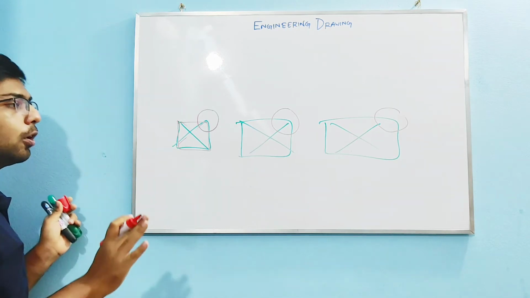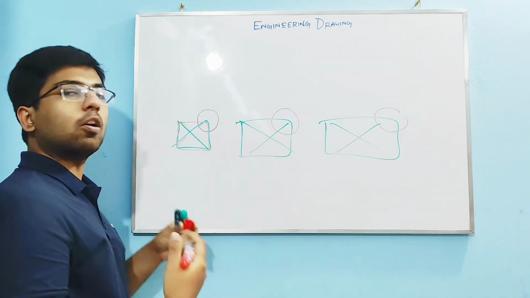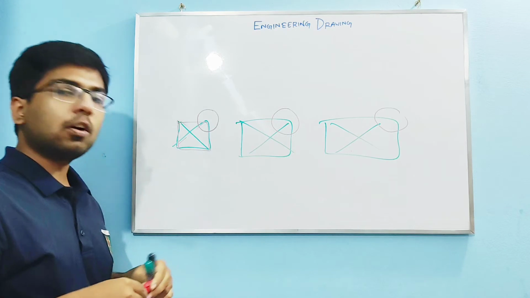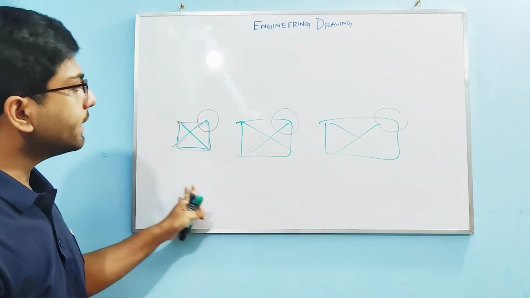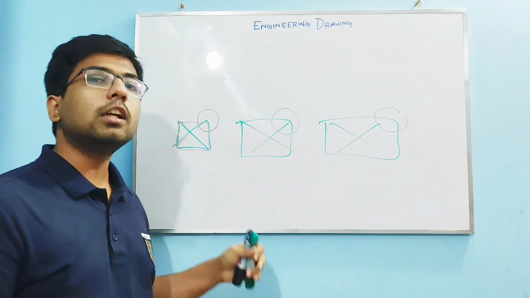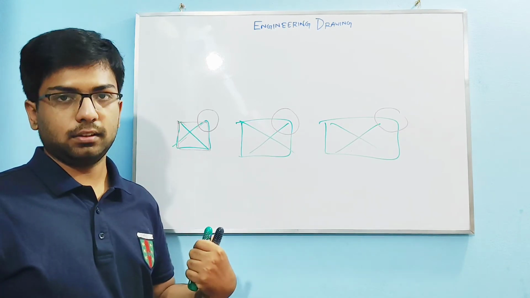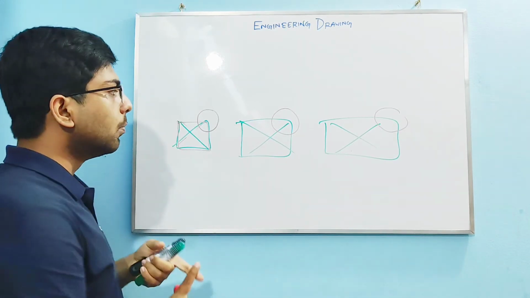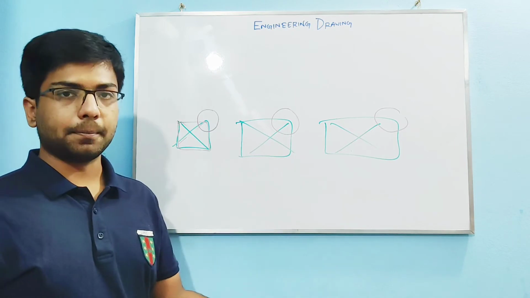No matter how many instances we have created from my original block, if I change my original block, then all the instances will automatically be changed. So that is why block is more useful than just copy.